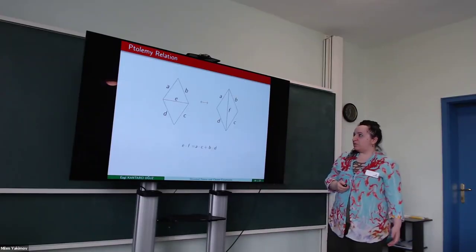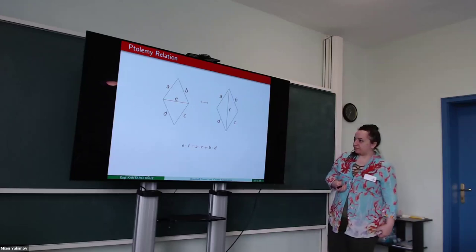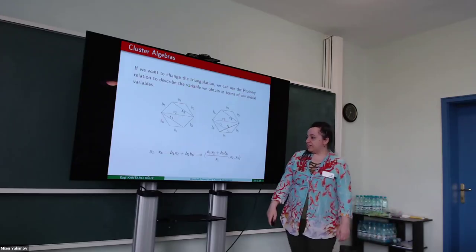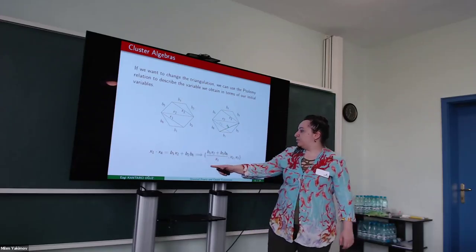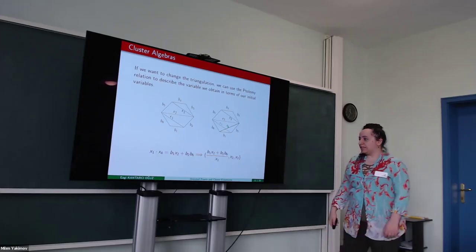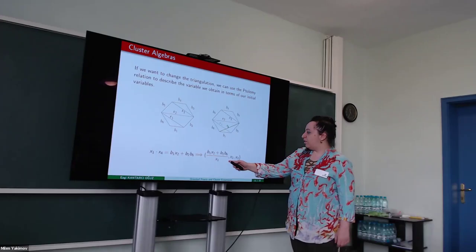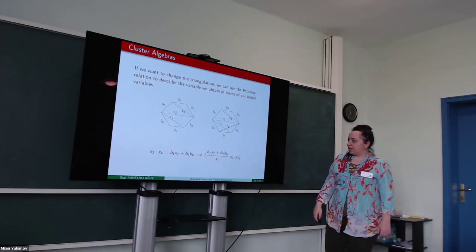And for that, we can use the Ptolemy relation. So in this case, this gives x1 times x4 is equal to b1 x2 plus b2 b6. So we can rewrite x4 as this fraction.